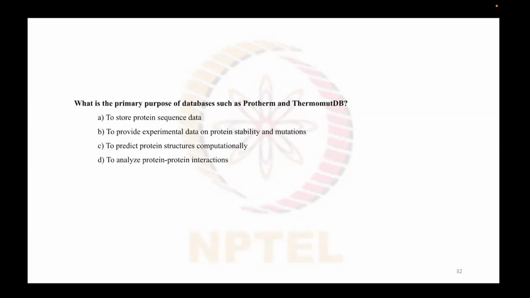So what is the primary purpose of databases such as ProTherm, ThermoMutDB, NPTEL or any other database?